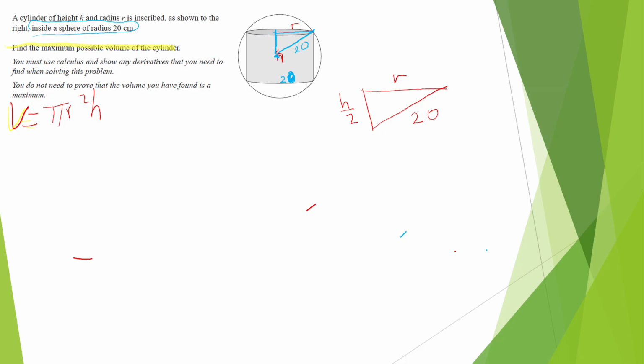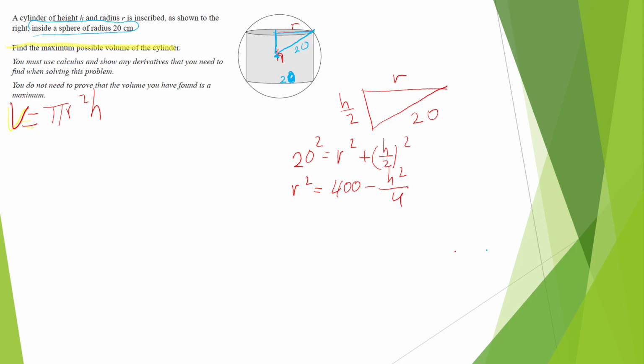Using Pythagoras, 20 squared equals r squared plus (h over 2) all squared. That gives me 400 equals r squared plus h squared over 4. Taking it to the other side, r squared is 400 minus h squared over 4.